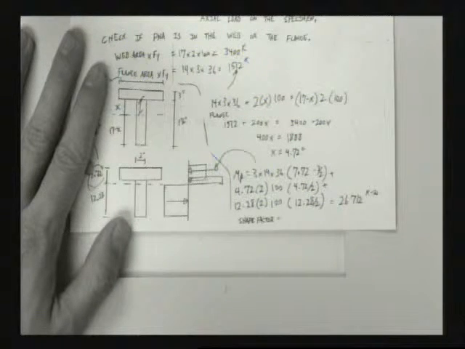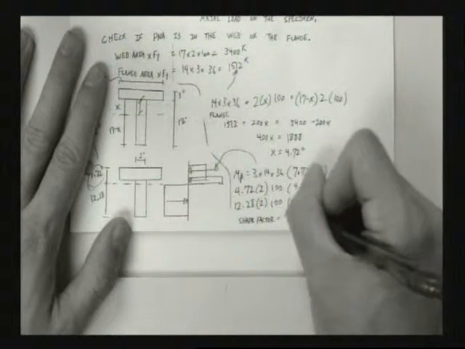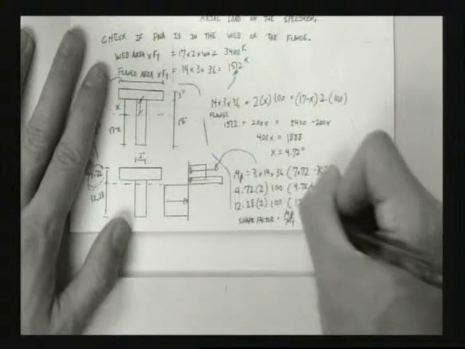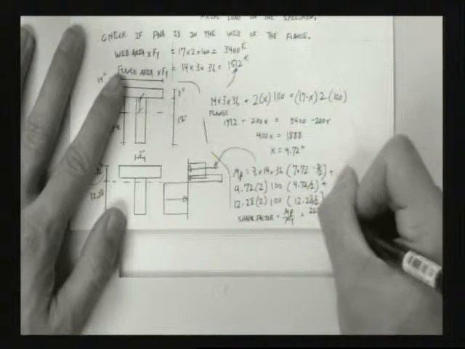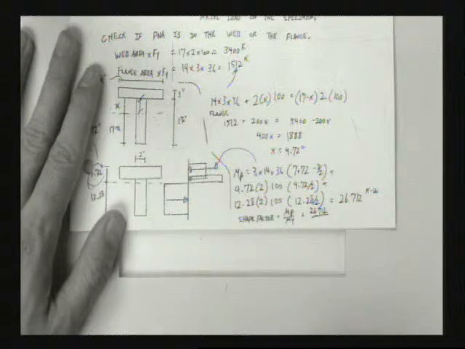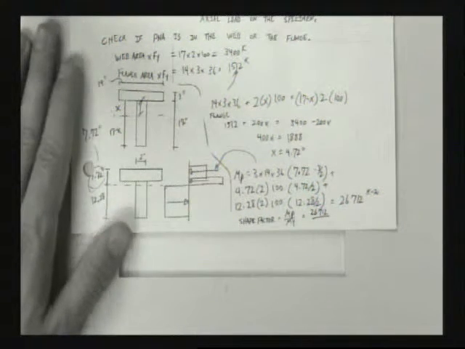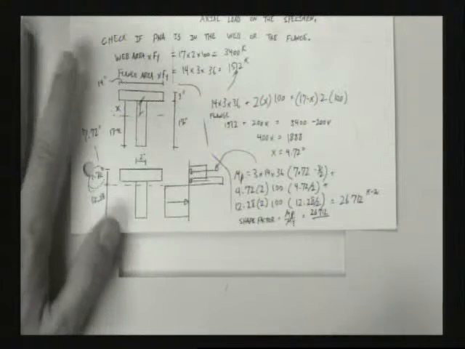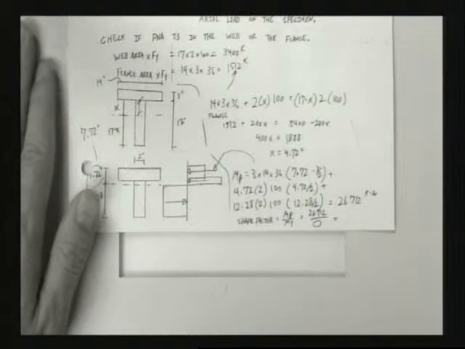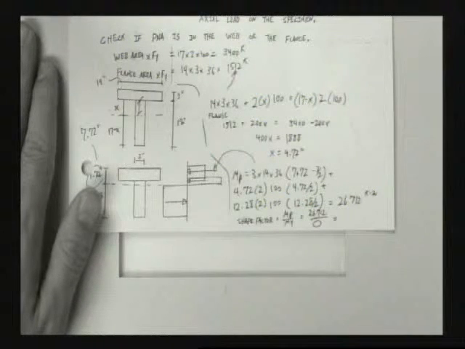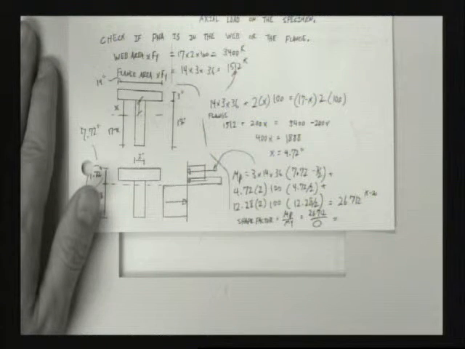It's not Z over S. Now when you don't have the uniform yield, it's M sub p over M sub y. So that's 26,712 over whatever M sub y is, and we didn't calculate it for this one. We could, but we didn't. That's going to be what goes down there. Does that make sense? Kind of, sort of.